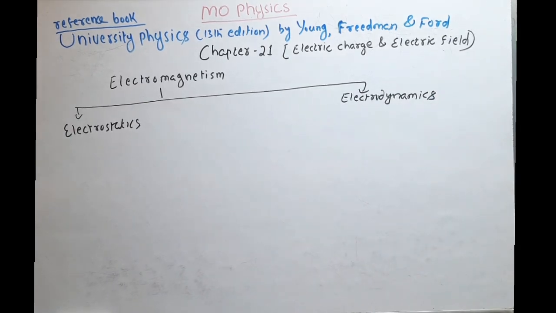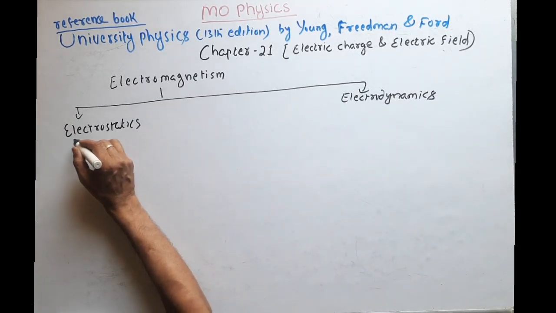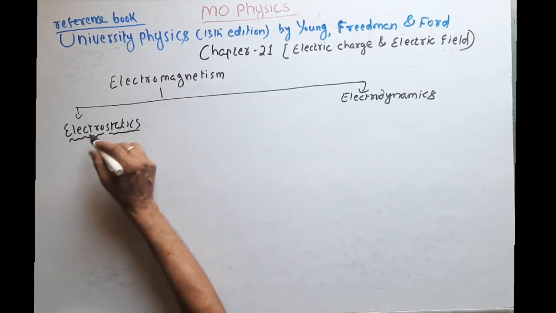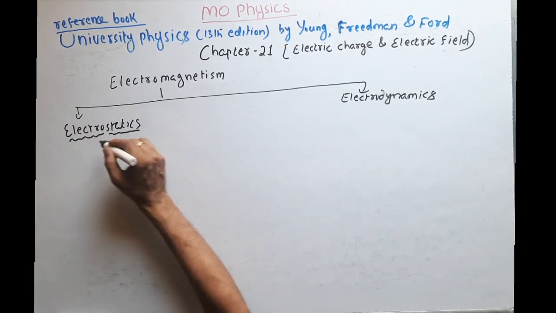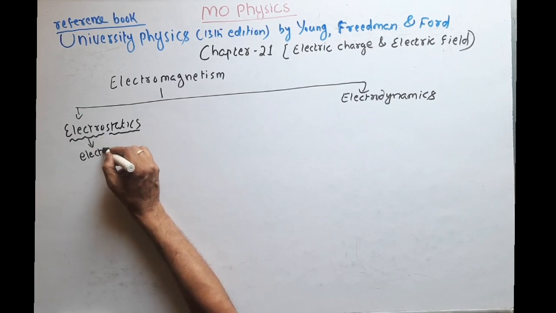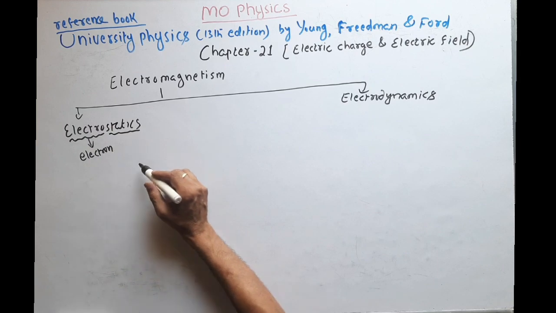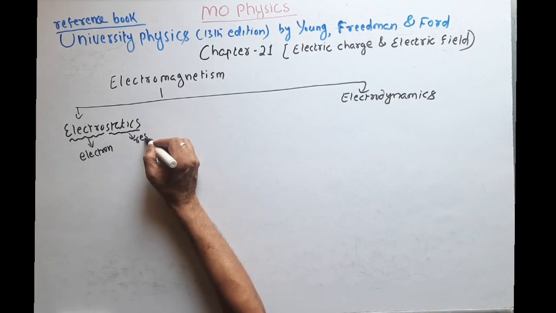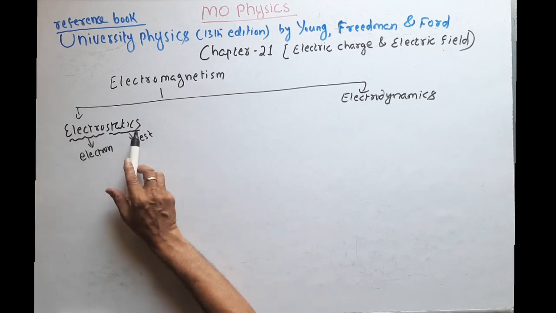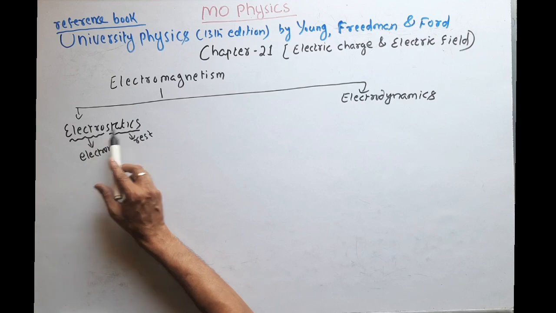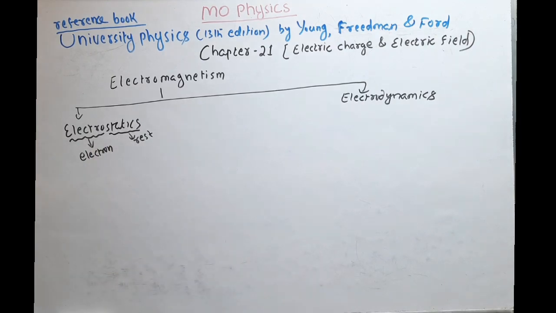What do you mean by electrostatics? It consists of two words: electro and statics. Electro comes from the word electron, and an electron is a charged particle. Statics means rest. So a subject which deals with charge at rest is called electrostatics.